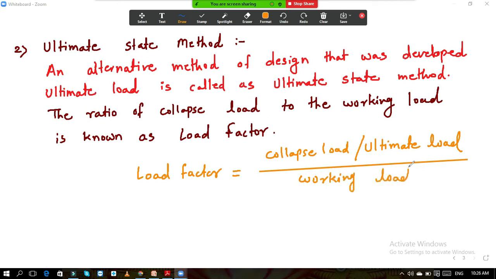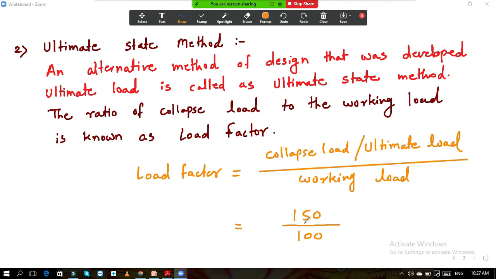So for your understanding, I will take some value. Now, what is the load factor? See, take the previous example of the block. Suppose the working load of the block is 100 kilonewton. But we designed that block for 150 kilonewton for our safety, so that in future if the load increases, then also it will sustain the load.